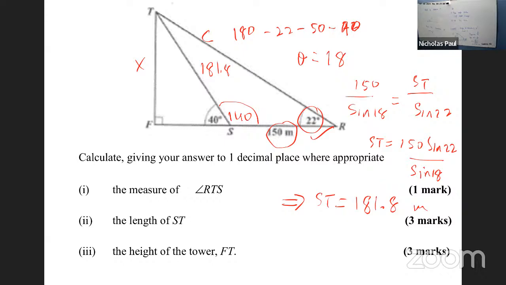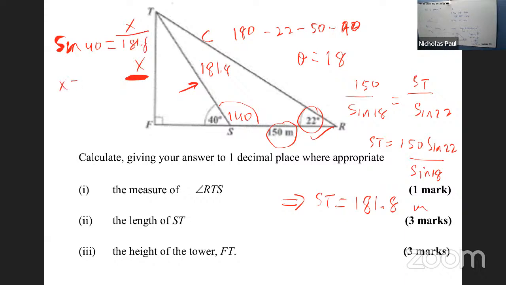All right, last part to find FT, we have opposite and we have hypotenuse. So we're using sine. Sine 40 is equal to opposite over hypotenuse.